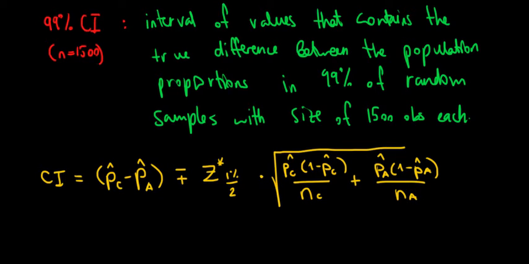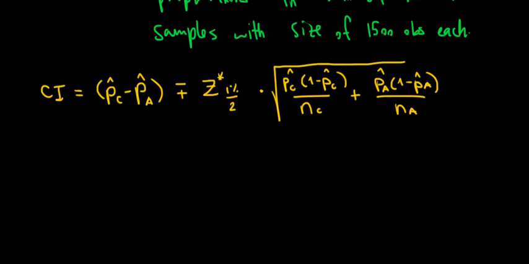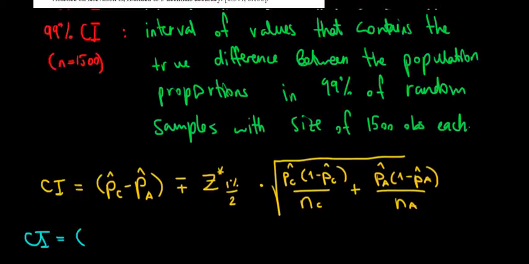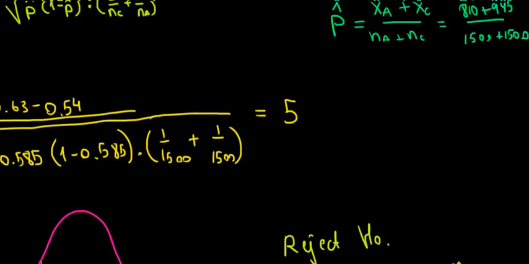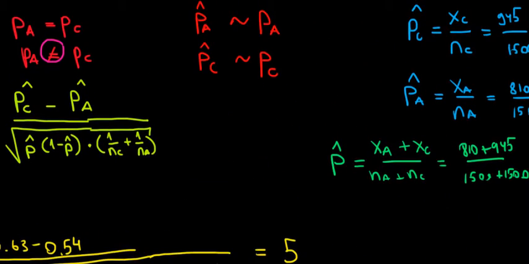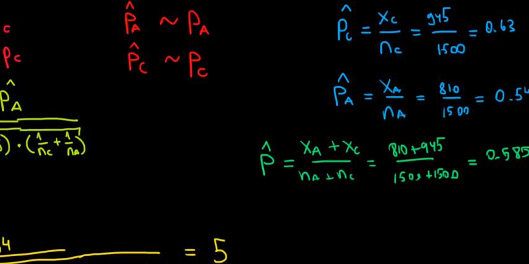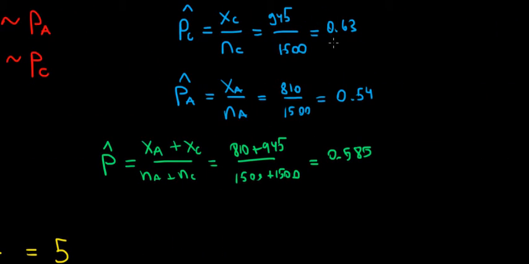So let's work out the math here. This is just a computation. The confidence interval we're looking for is equal to the difference between the proportion of the Canadians minus the proportion of Americans. Going back to the question, we calculated those values: the proportion of the Canadians is 0.63, the proportion of Americans is 0.54.